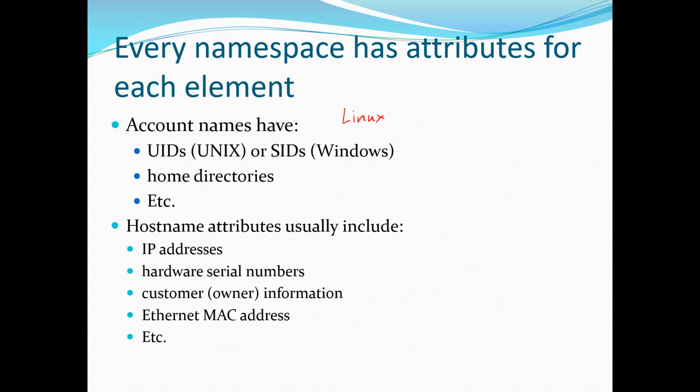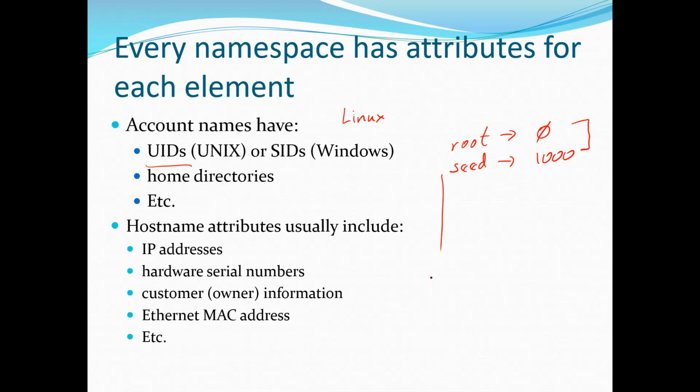Account names, in Unix or in Windows, have a UID, right? So, user ID. For instance, in Linux, the root user has the value 0, and in your CVM, for instance, seed is, I believe, 1,000, right? Usually the 0 to 1,000 IDs are reserved for processes or programs, and after that you have all of your users.